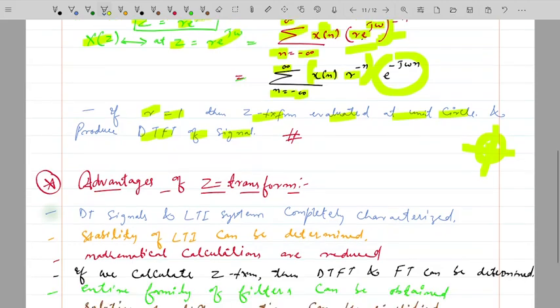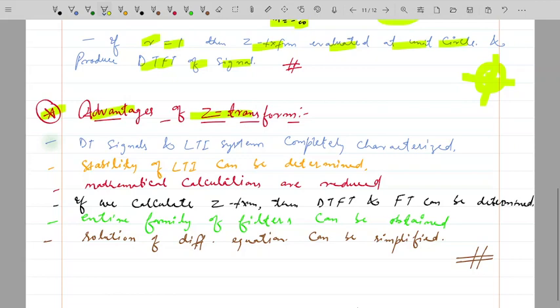Next we will discuss some advantages of the Z transform. The Z transform is used for discrete time signals and linear time invariant, LTI, systems, where the delayed signal is considered, and they are completely characterized.